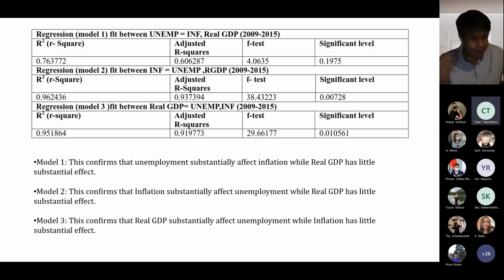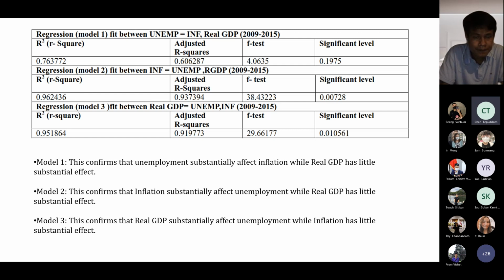So there are three regression models: unemployment on inflation and real GDP, inflation on unemployment and real GDP, and real GDP on unemployment and inflation. For the first model, at the top left, the R square of 0.76 shows that 76% of the variation in unemployment is explained by inflation and real GDP.